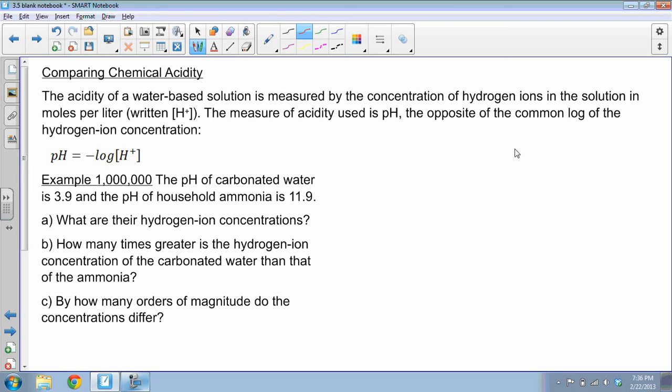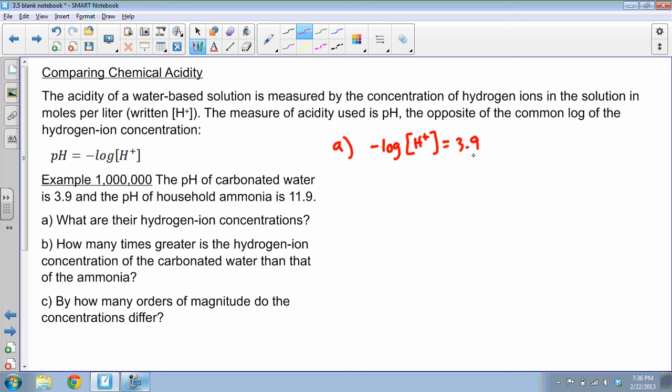So let's do this example. The pH of carbonated water is 3.9 and the pH of household ammonia is 11.9. Part A asks what their hydrogen ion concentrations are. So we're going to use this negative log of H plus. We say that equals, for the first one, 3.9.